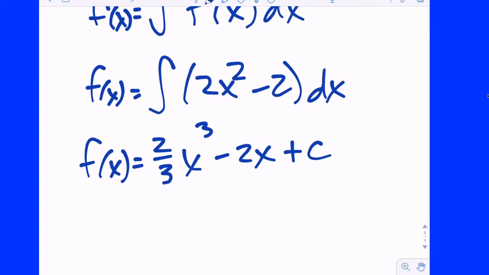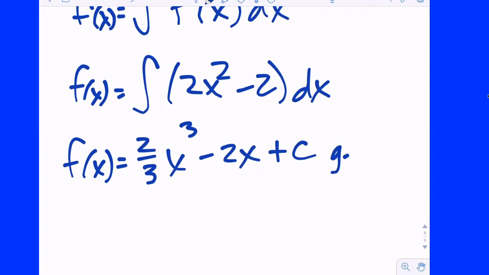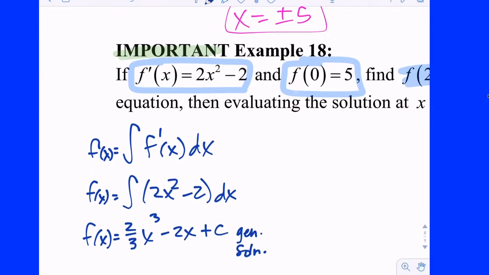So anyway, we have what's called a general solution, if you recall that, to the differential equation because it has plus c. The plus c is going to affect the graph how, ultimately? Shift it, right? Vertical shift. And we want to find the exact value of c so that it's passing through the y-intercept of 5.